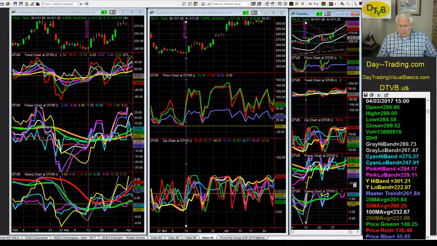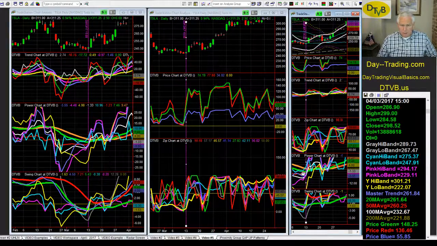The main area that I'm going to be looking at is right in here on the middle chart. Specifically, in the middle chart I have the candles with the price chart and the Zip chart. On the left, I have the trend chart, the power chart, and the swing chart.